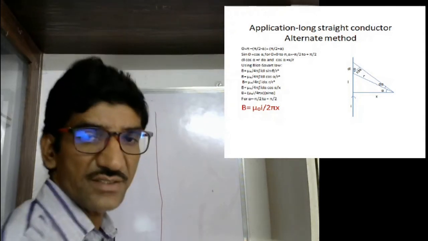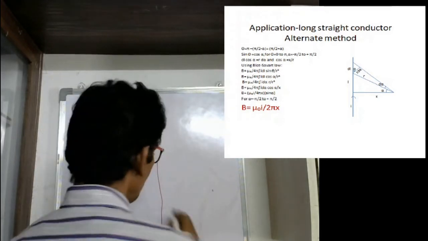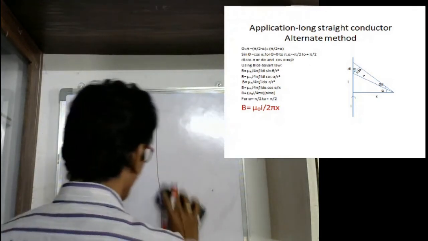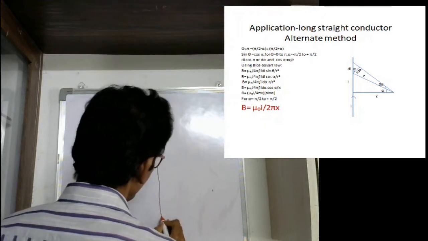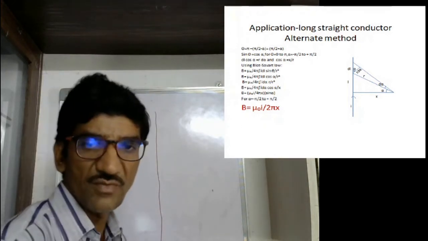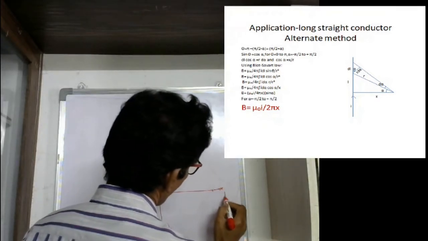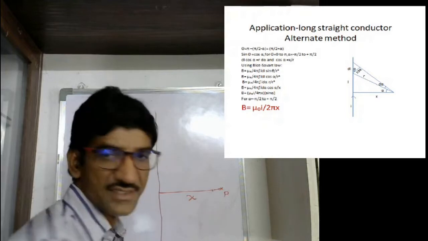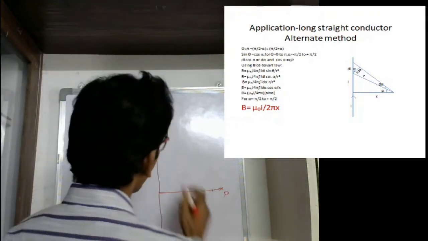This is an infinite straight conductor in which current I is flowing. Consider a point P located at a perpendicular distance x from the conductor.